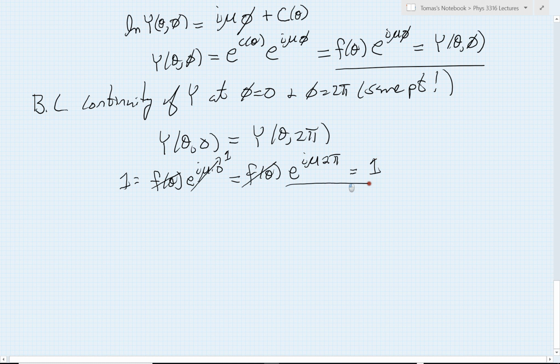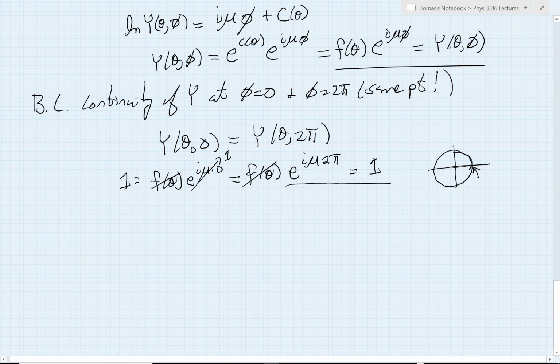And I can ask, well, e to what power, i times some number, gives me 1? We know that these are just points on the unit circle, and they go around as I increase mu. I'm just asking for each time at which I will hit the x-axis on my unit circle.